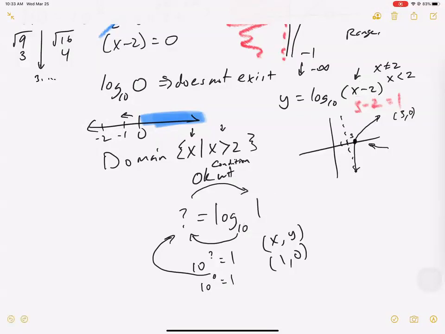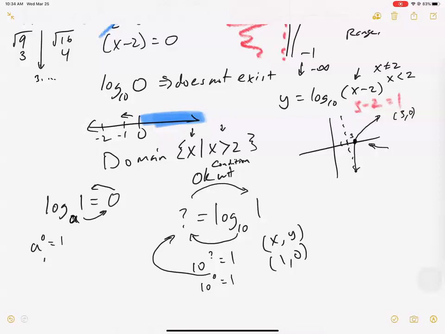There are actually a couple logs that we know for sure. If I say log of 1, that's always going to be 0, because whatever this number to the 0 power will always give you 1. Let's say a to the 0 power will always equal 1 regardless of what your base is.